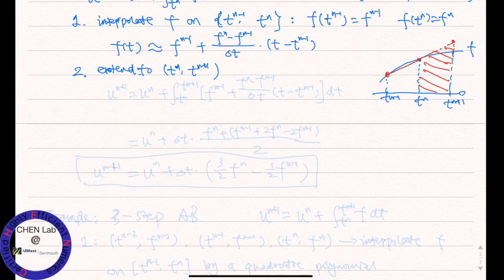We integrate this interpolated f. So u_{n+1} is equal to u_n plus the integral from t_n to t_{n+1} of f_{n-1} plus (f_n minus f_{n-1}) divided by delta t times (t minus t_{n-1}) dt.